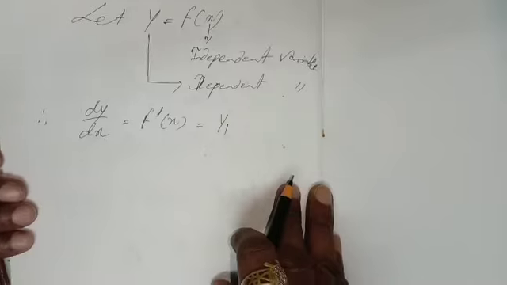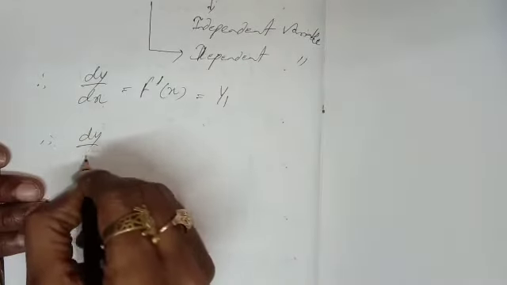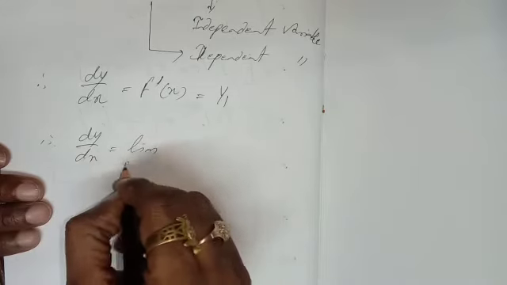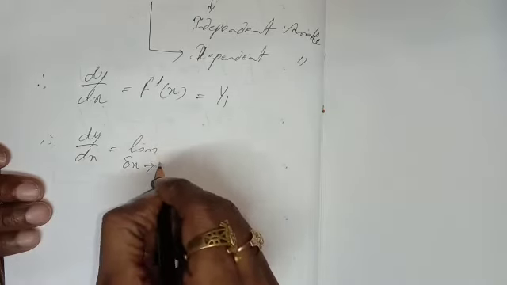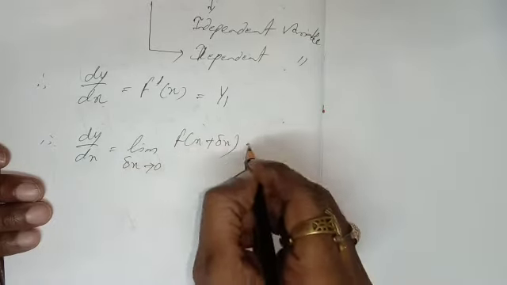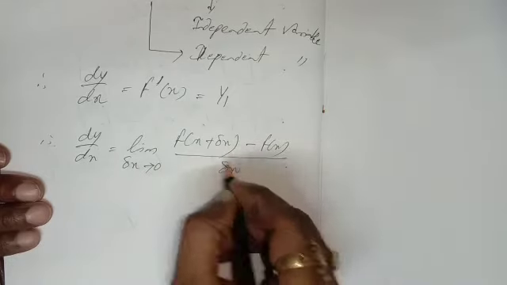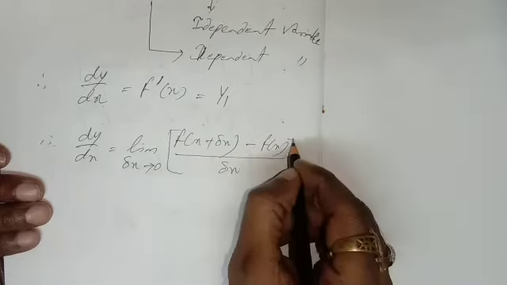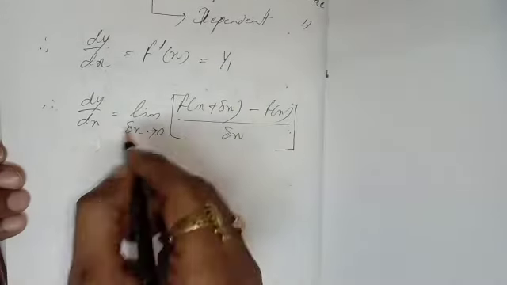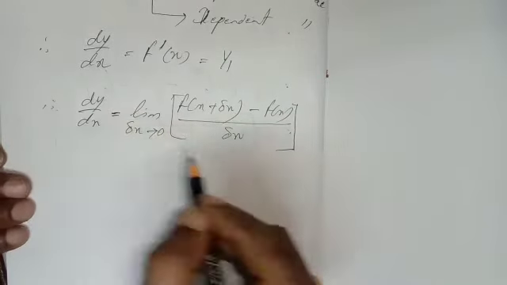In different ways they are writing it. And this is written as dy by dx means limit delta x tends to 0, f of x plus delta x minus f of x by delta x. This is the principle which is called first principle for finding the derivative of a given function at a given point.